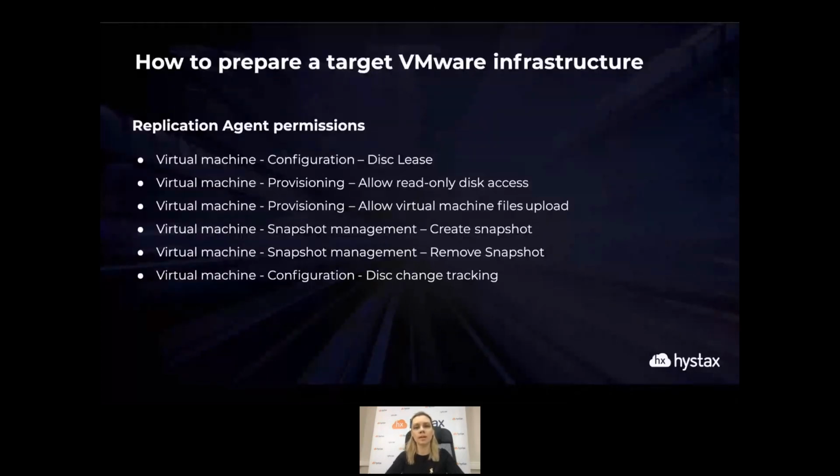But during the next incremental replications, we'll use the VMware CBT API. That's why we need this permission for VMware: to get the changes, the deltas between 2 snapshots, and to send only the deltas of the machines.